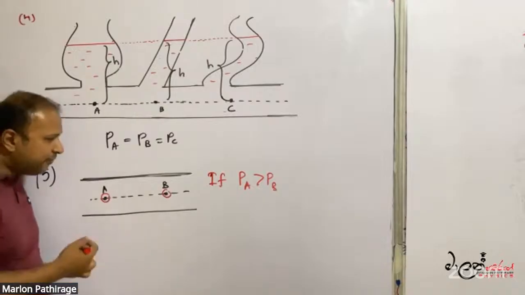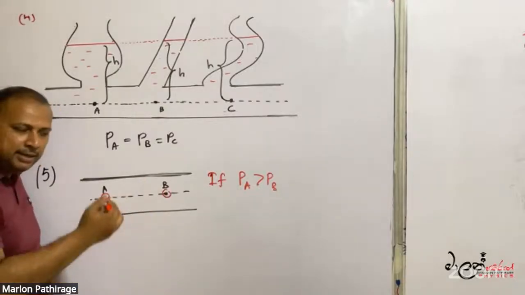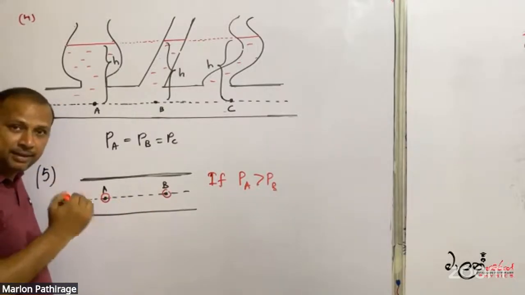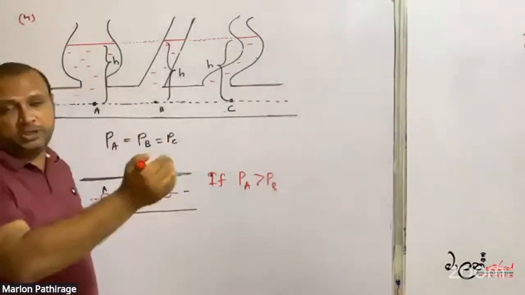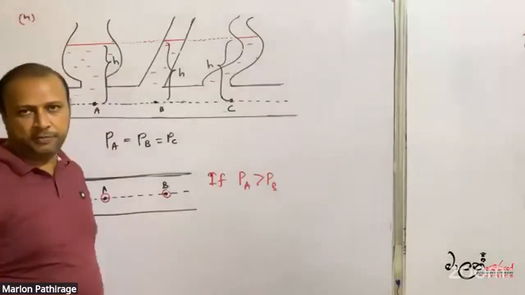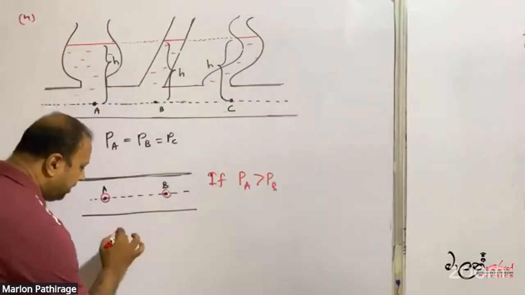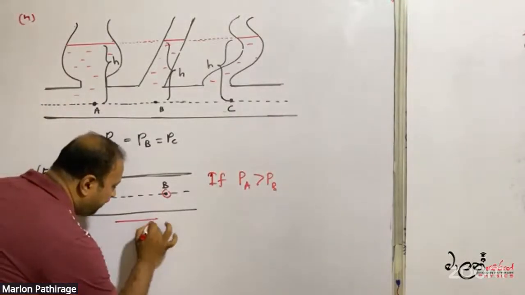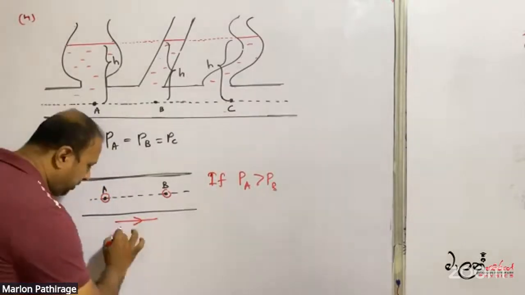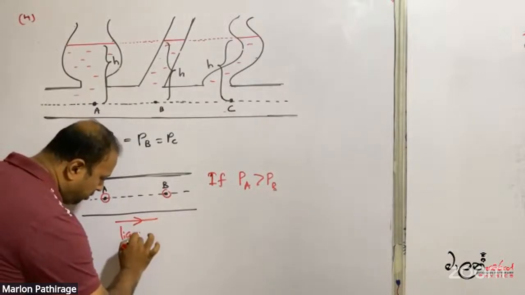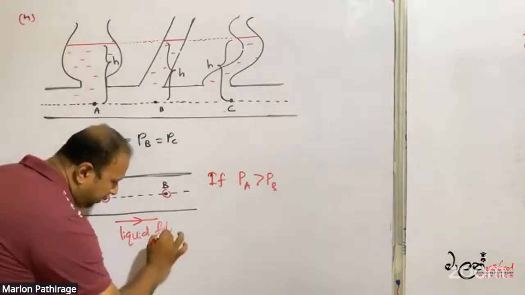Because if there's a pressure difference, definitely the liquid should flow from the higher pressure point to the lower pressure point. Therefore, definitely there will be a liquid flow from A to B.